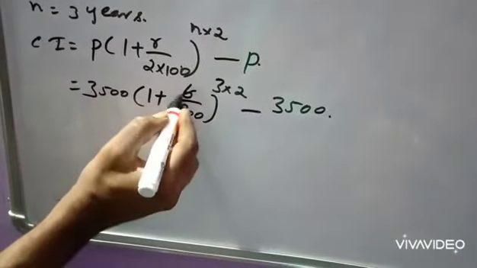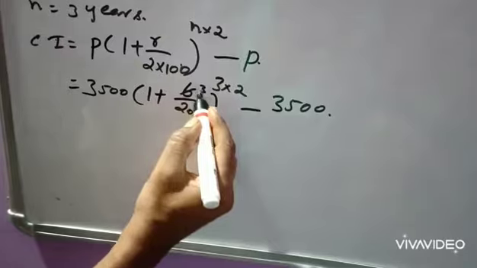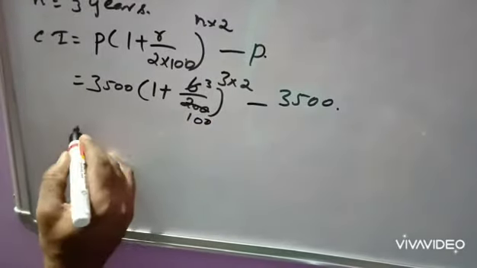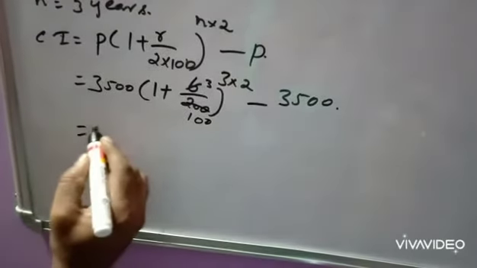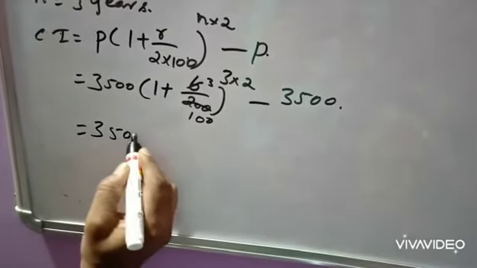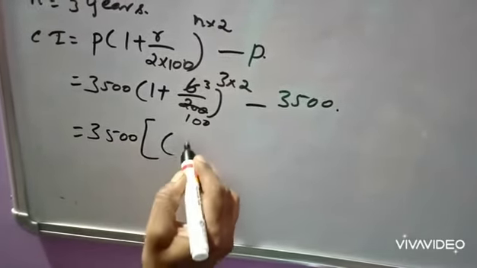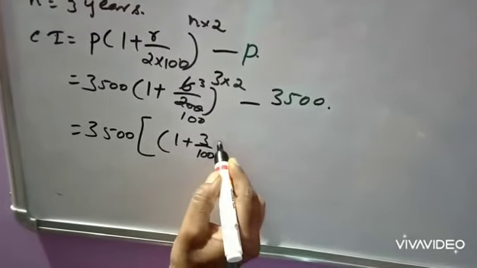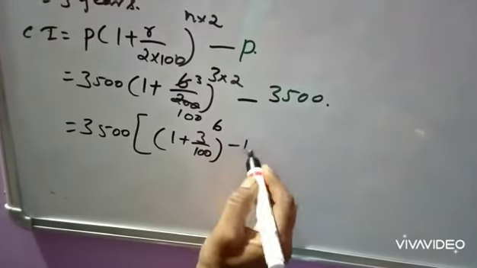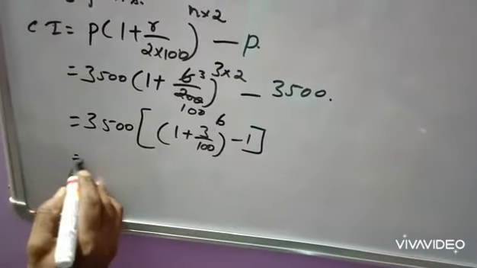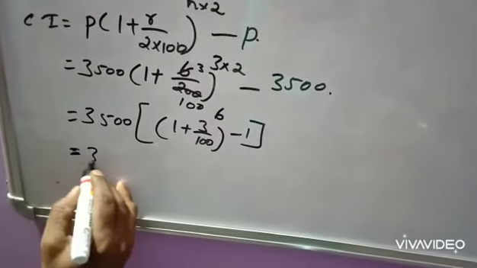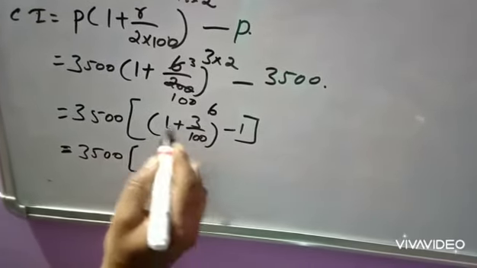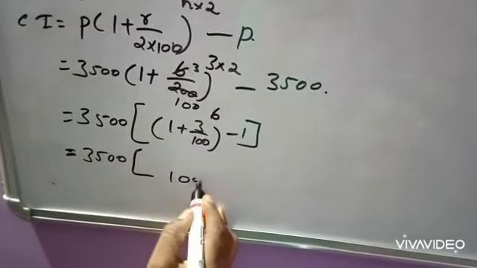Now 6 we can divide by 2, 3 by 100. So we can take 3500 out: 3500 into (1 plus 3 by 100) power 6, minus 1. So we can take LCM 100.